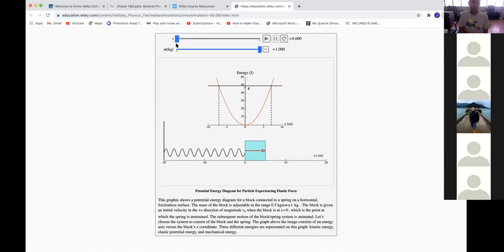All that potential turns into kinetic as it crosses through the equilibrium point. It no longer has any potential energy at the equilibrium, all kinetic, until it slides back to wherever this is, I guess -7, all potential again, slides back the other way, back and forth.